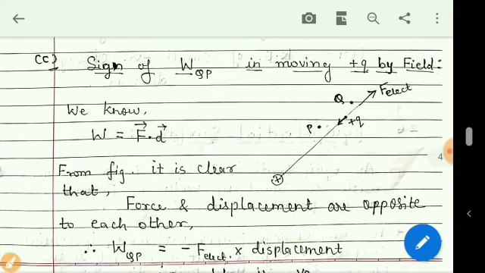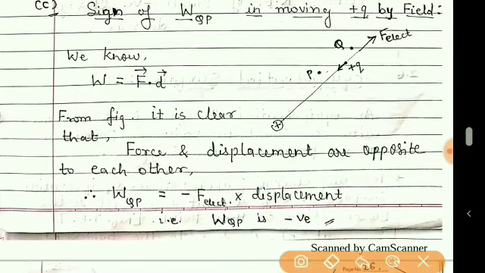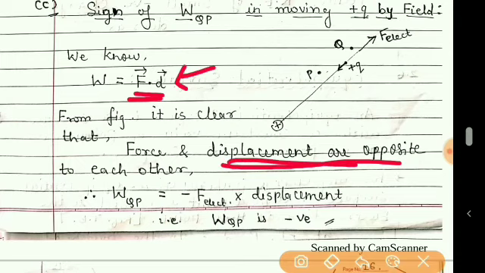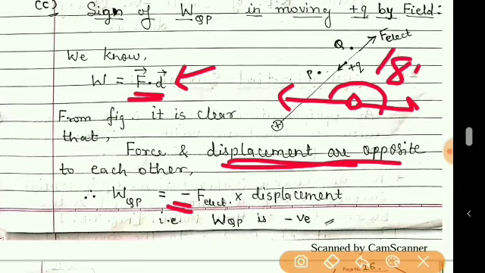So here also in this formula, as this F and D are opposite to each other, when we remove the dot product, it will give a negative sign, because if two vectors are opposite to each other, then the angle will be 180 degrees.